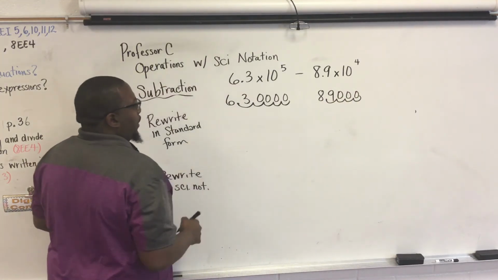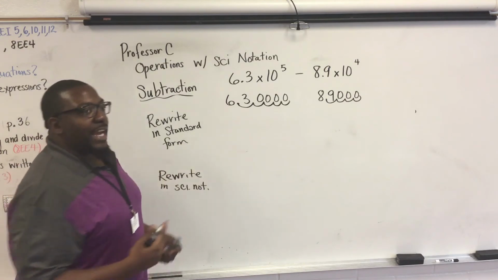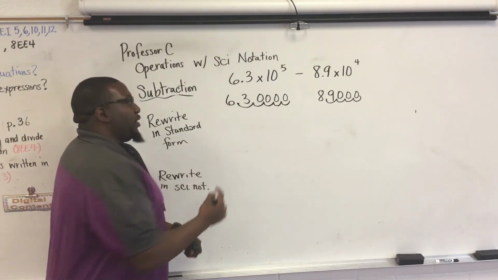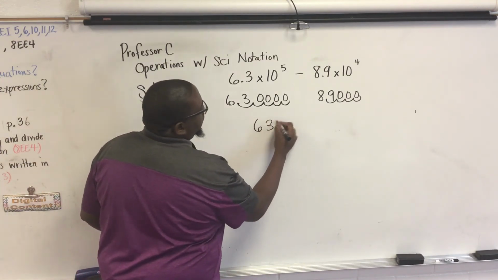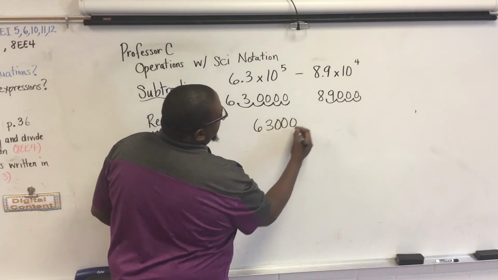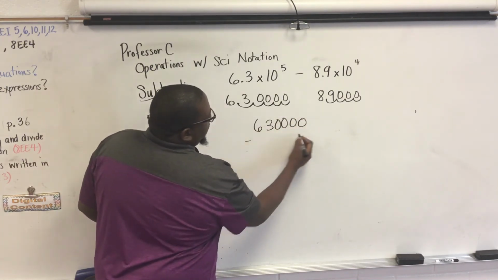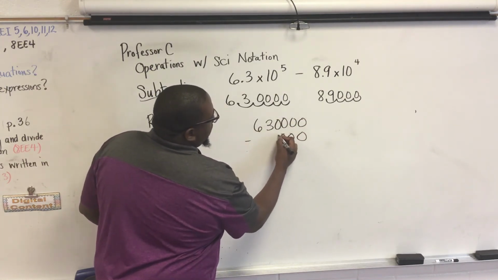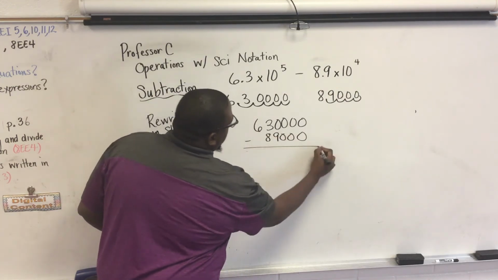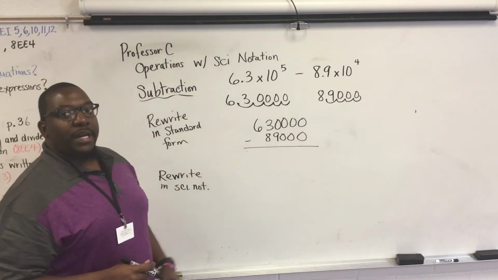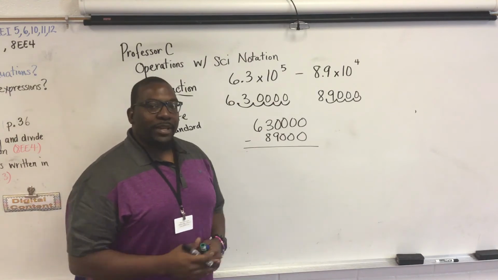Okay. Now the next step, of course, is to do the operation, subtraction. And again, I want to make sure I'm lining up my numbers based on their place value.